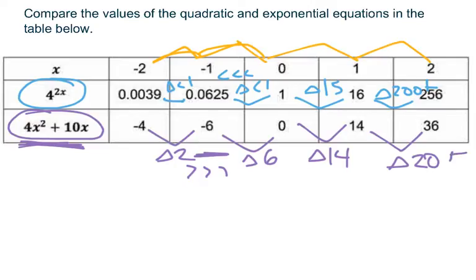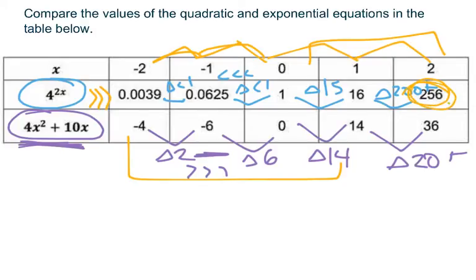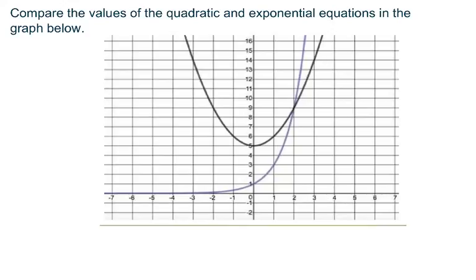So we can see that even though in the beginning our quadratic was changing faster, by the end our exponential equation is growing much faster than our quadratic equation, and its value is ultimately going to be higher than our quadratic equation. And we can back this up in a graph as well.